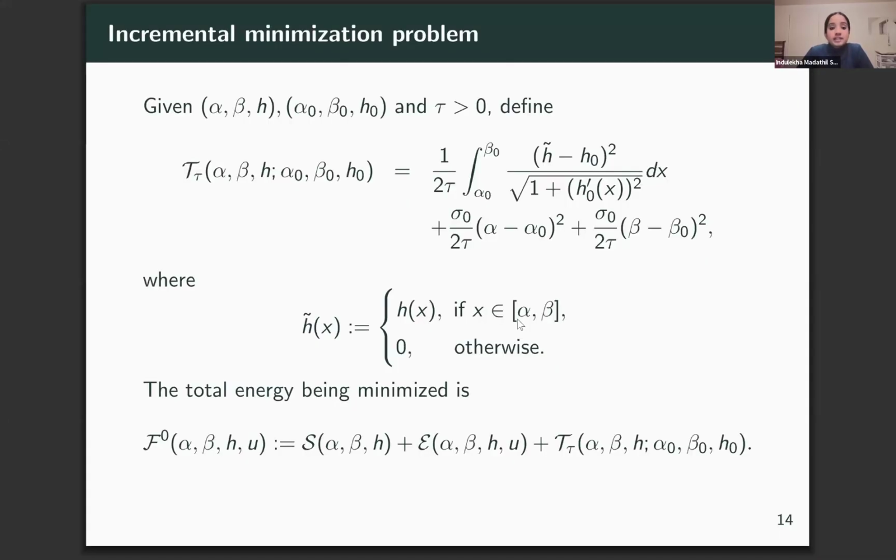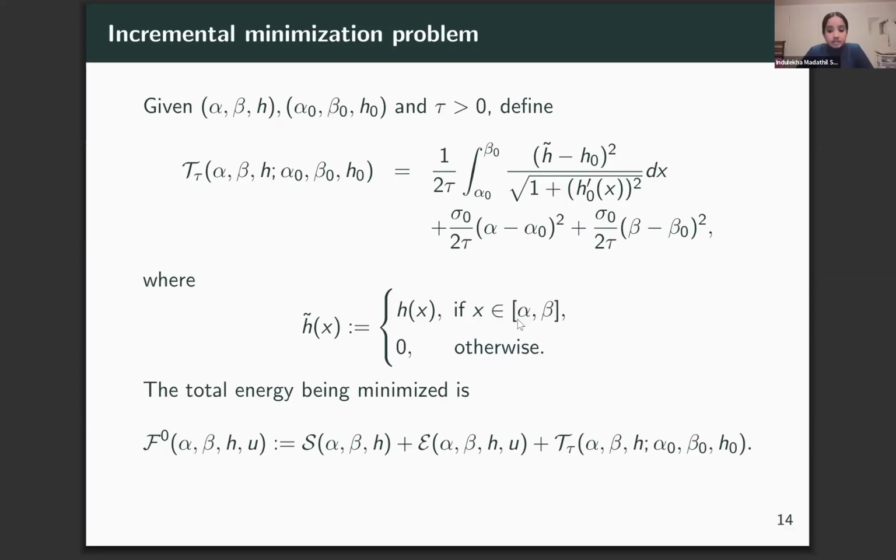So our incremental minimization problem goes like this. We define an energy term that depends on the initial condition alpha naught, beta naught, and H naught, and obtain a total energy term, which is the sum of the surface energy, the elastic energy, and the incremental minimization term.